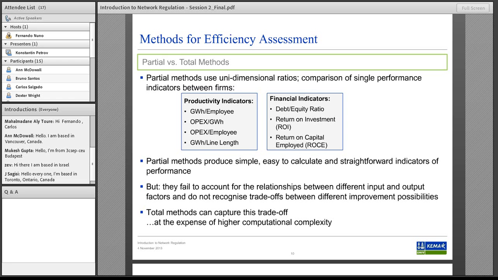You can see ratios related to capital structure, debt to equity, return on investment on the total capital employed in the companies. They usually support, they do not indicate really the nature of the performance of the companies. They indicate whether the regulated company with this level of allowed revenue will be performing well in terms of, let's say, financial performance.